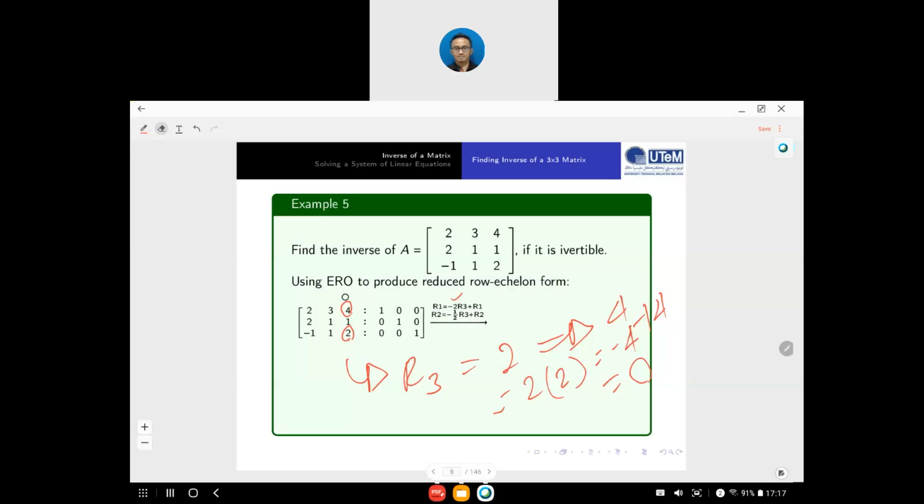What happened for row 2? In row 2, you want to change negative 1 and you want to change 1 become 0. So, we are using row 3. When we are using row 3, these 2 should produce the answer 1.